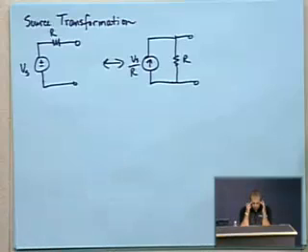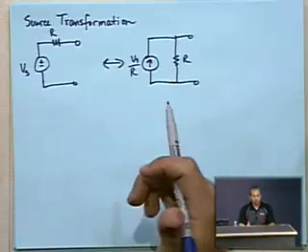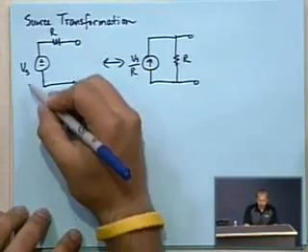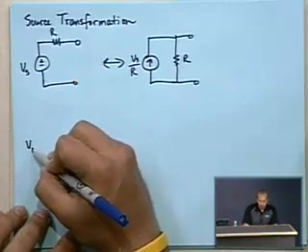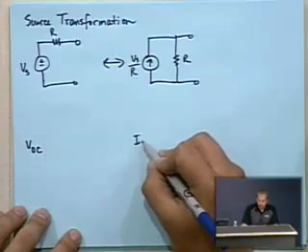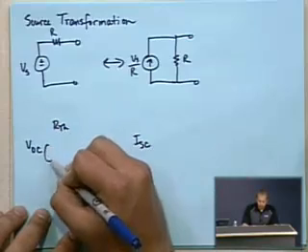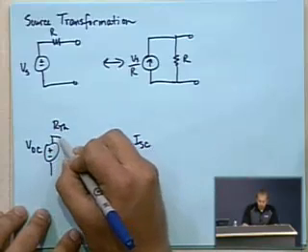And that is not completely new news, because if you have a Norton equivalent, you can find the Thevenin equivalent and vice versa. And we had these things in terms of the open circuit voltage and the short circuit current, and they're related by our Thevenin. So that's what we had before.